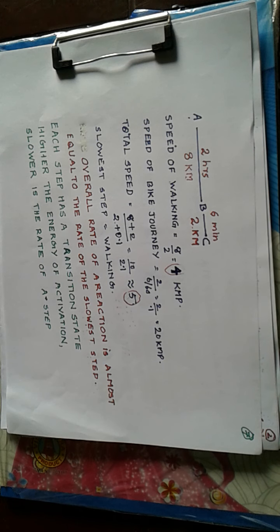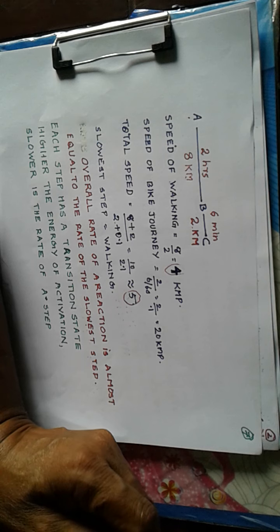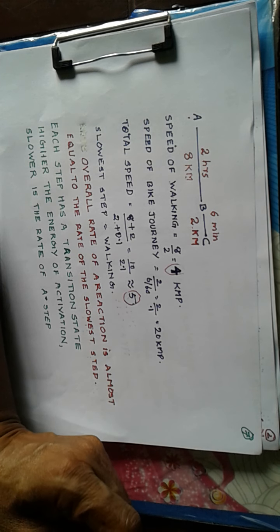So from reactant to product, a reaction can occur in a single step or more than one step, and the path followed by a reaction to go from reactants to products is called the mechanism of the reaction. So mechanism means how a reaction occurs.